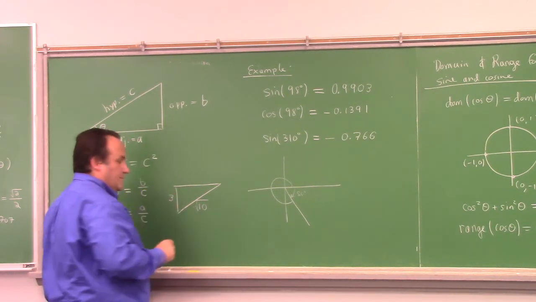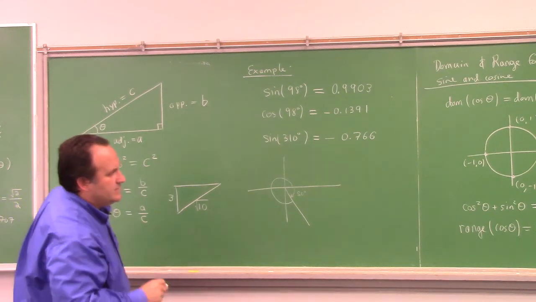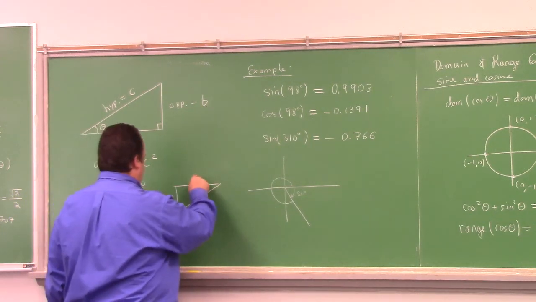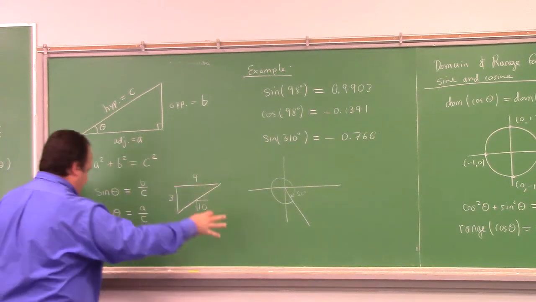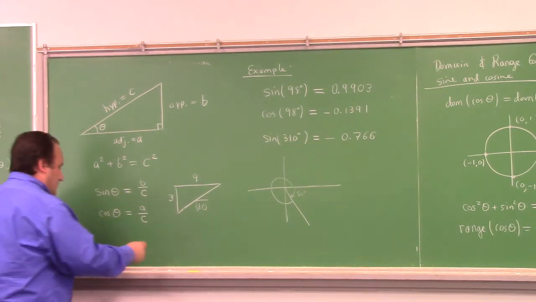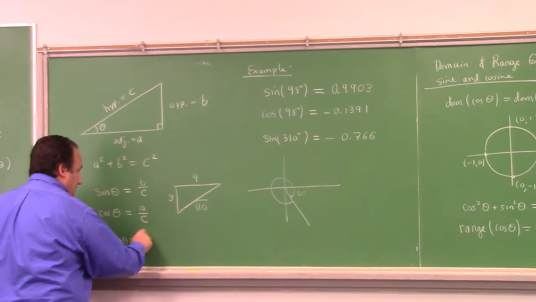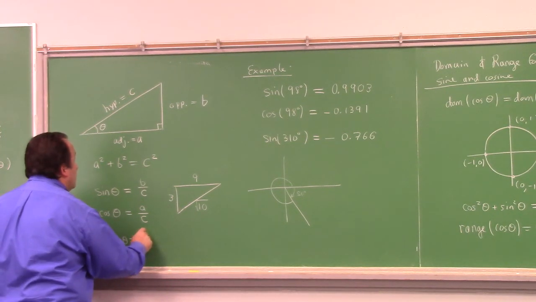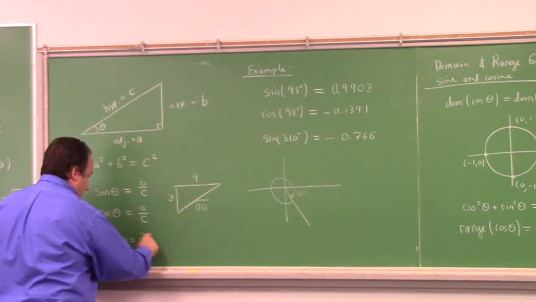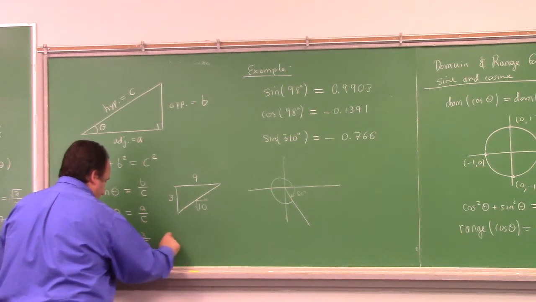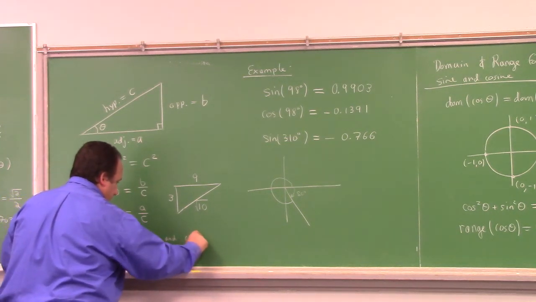Yeah. And was it 9? Yeah. So if you knew this, then that problem becomes absolutely trivial. And you get, okay, so sine theta is 3 over the square root of 10, and cosine theta.